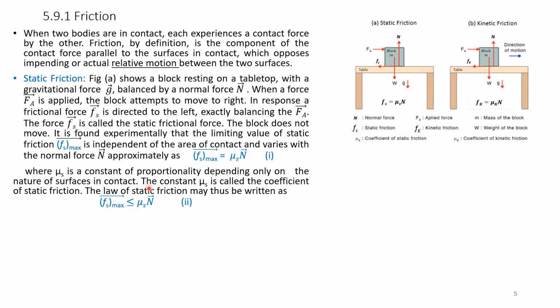Where mu s is the constant of proportionality depending only on the nature of surfaces in contact. The constant mu s is called the coefficient of static friction. The law of static friction may thus be written as Fs maximum is less than or equal to mu s into N. Let it be equation 2.